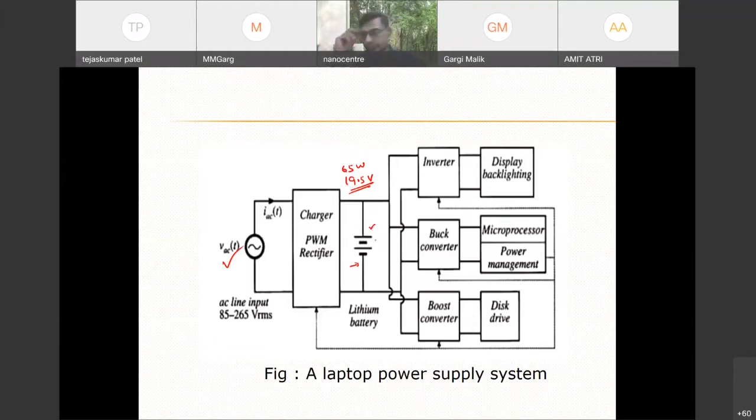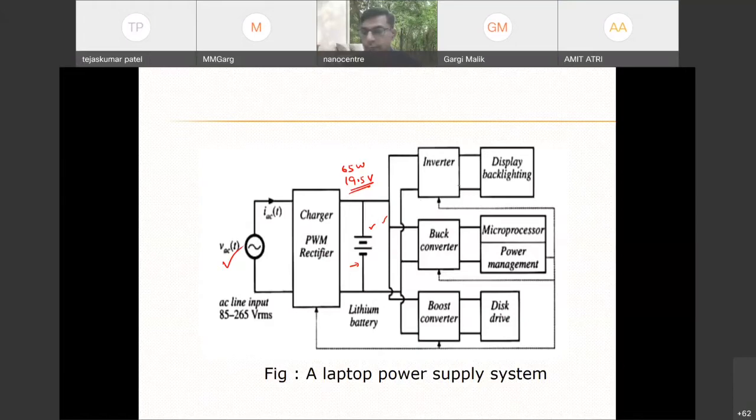The rating of this laptop charger is typically 65 watt and 19.5 volt, right? So that is DC. It means this charger helps us charge our battery at 19.5 volts. That is the first kind of power electronic converter we use here, an AC to DC rectifier.